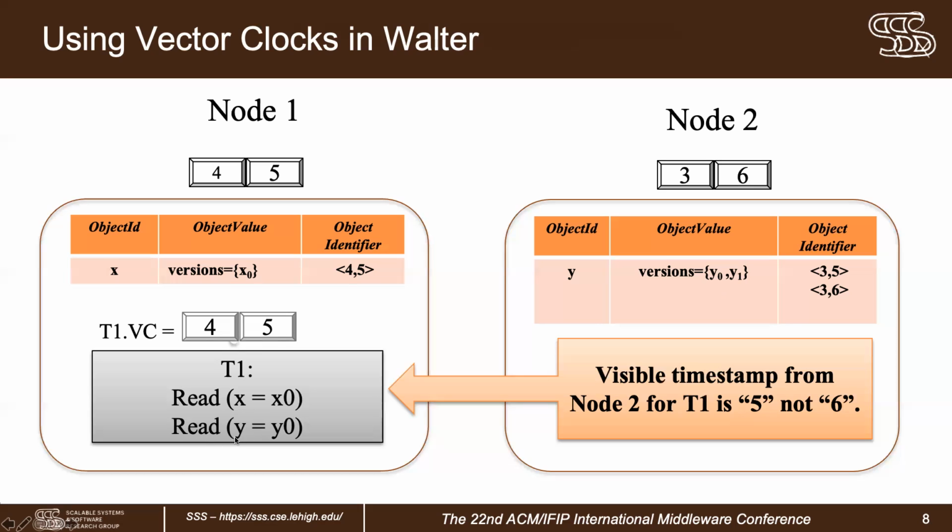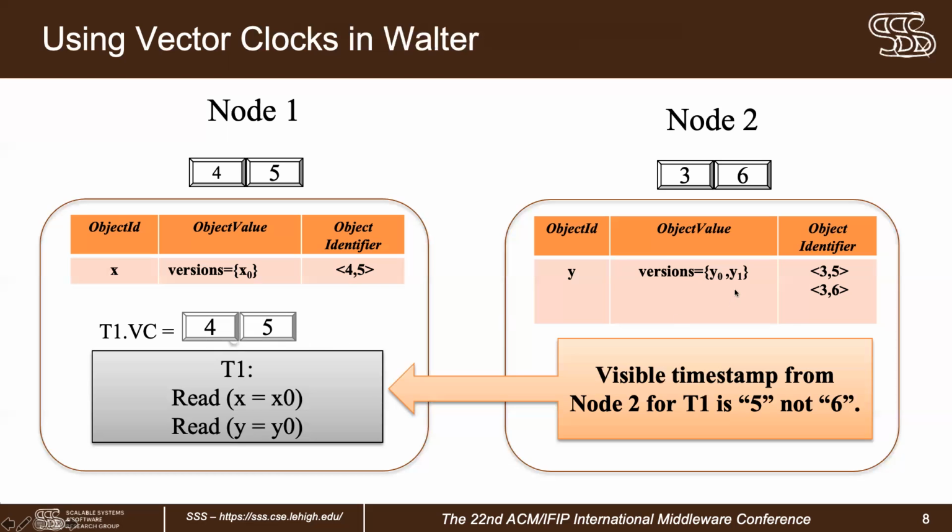For accessing Y, instead of picking Y1, T1 is able to pick version Y0. The reason here is that the entries in the vector clock of Y0 are less than or equal to the entries of the vector clock of T1.